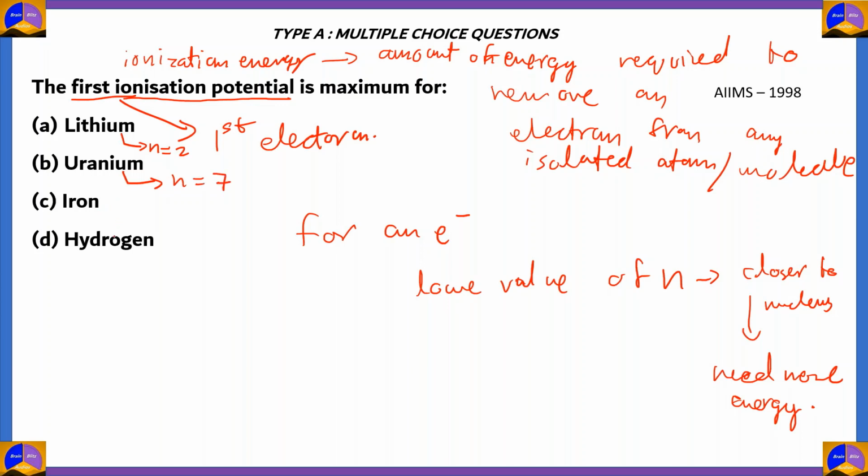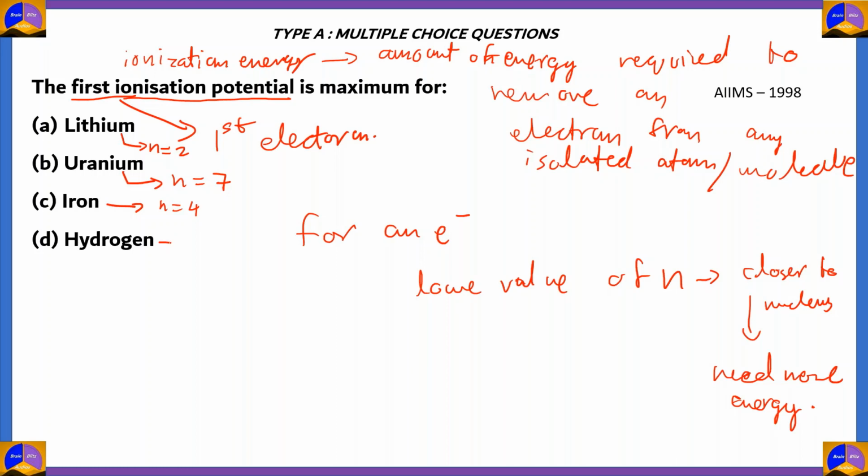What about iron? Iron is a d block element, and therefore it starts its journey from n is equal to 4. So n is equal to 4 is the orbit from which the d orbitals start coming. So when n is equal to 4, the valence electron of iron is present.